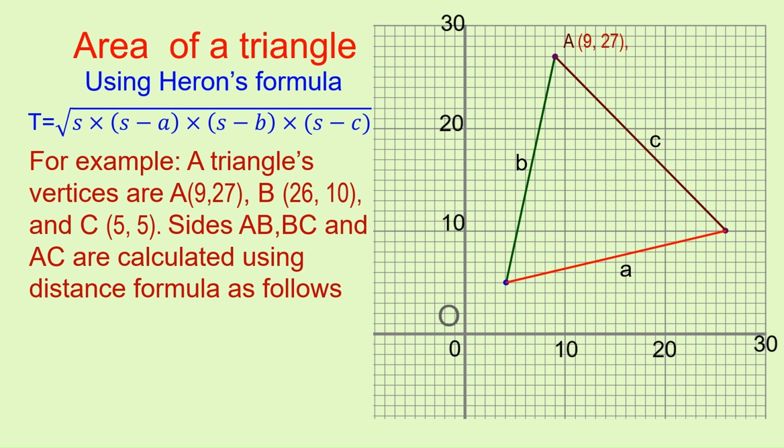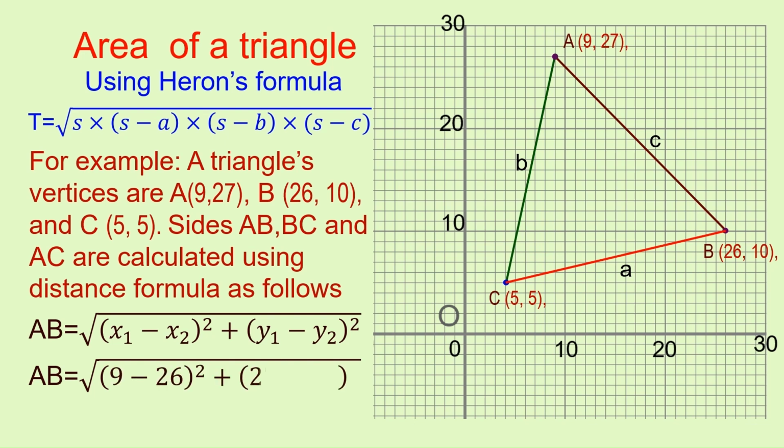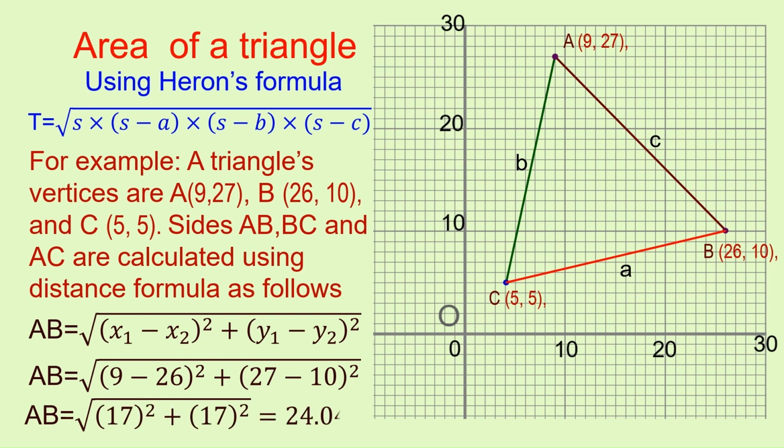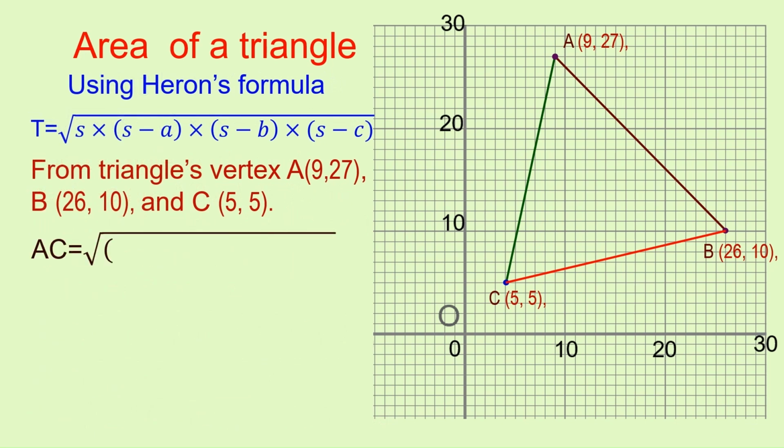Sides AB, BC, and AC are calculated using the distance formula as follows. Please note the steps. Now side AC.